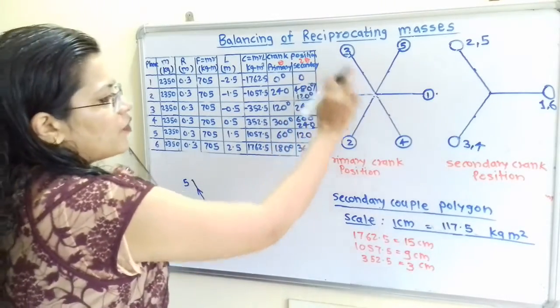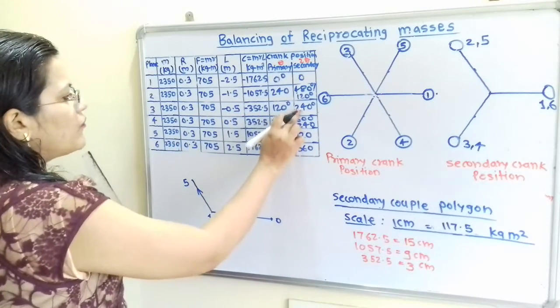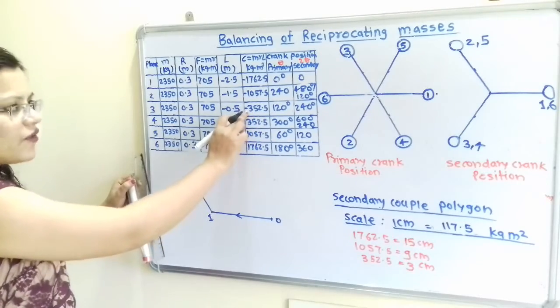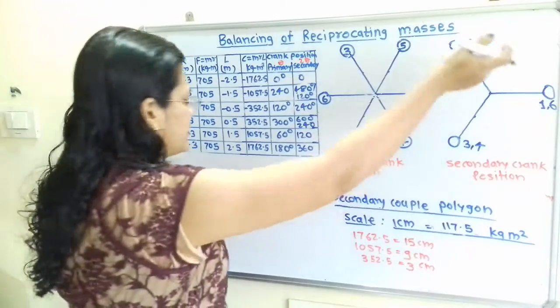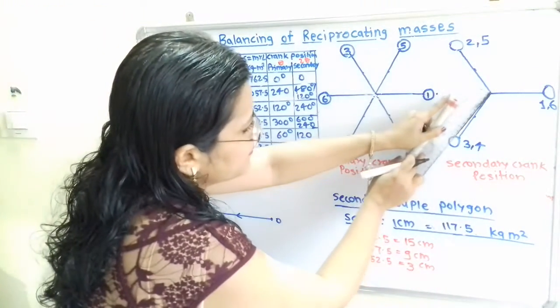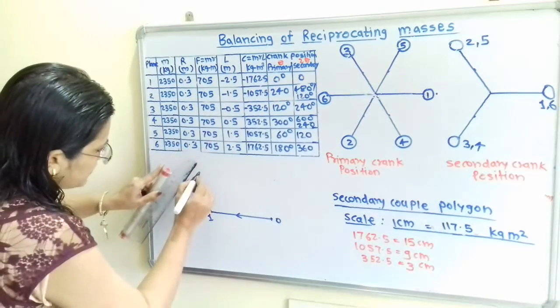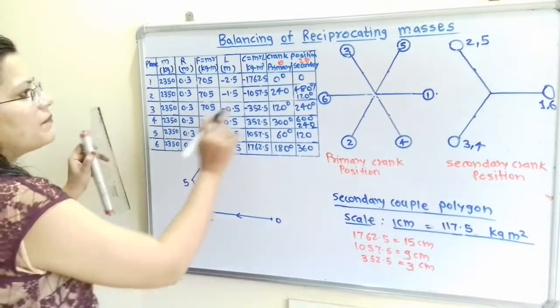Then we have to move to 3. For this 3, if we observe, angle is 240 degree but magnitude is negative. So for this negative magnitude, direction is downward, so in the opposite direction we will draw one line of scale 3 centimeter. So this point will be point 3.